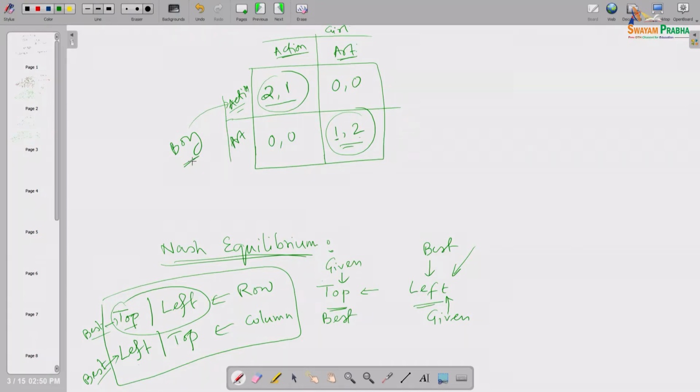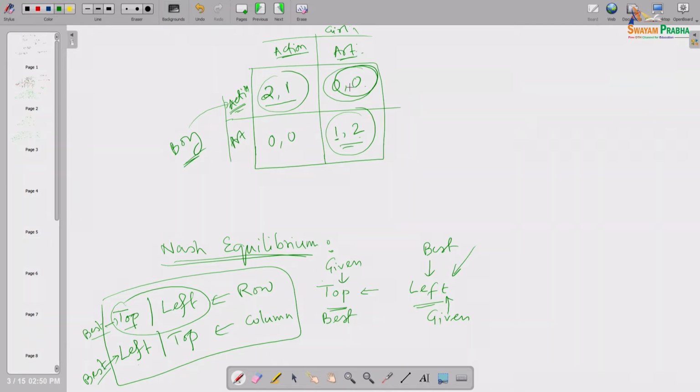More importantly, there is another hidden piece of information. Although the boy wants to watch the action movie more, in this cell the boy is watching the action movie but the girl is watching the art movie, so both get 0, 0.